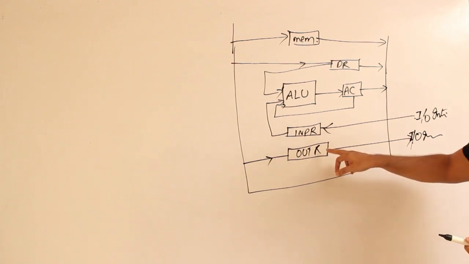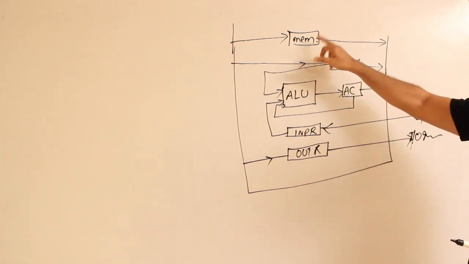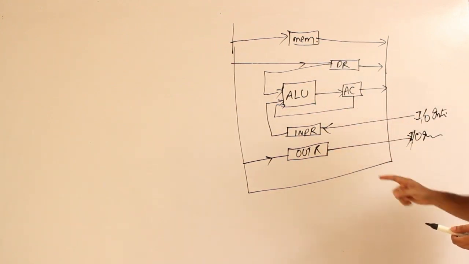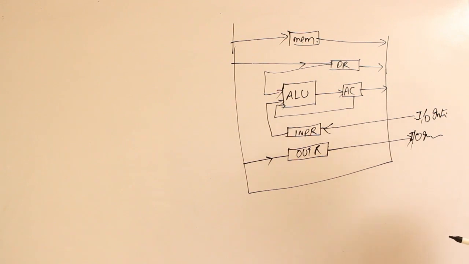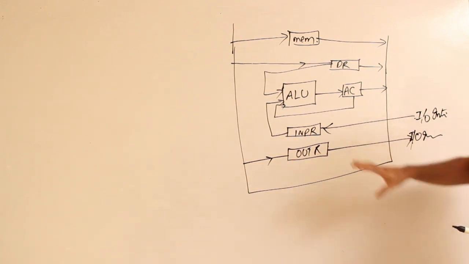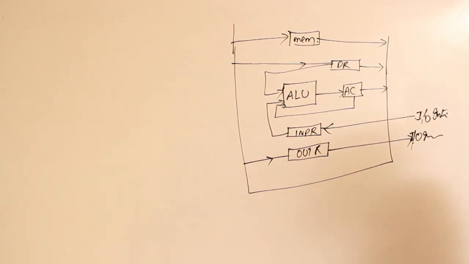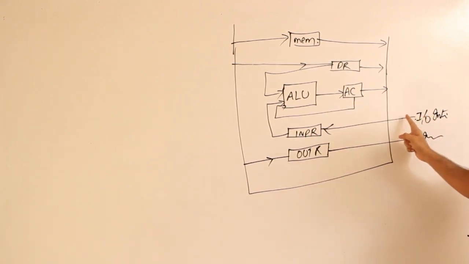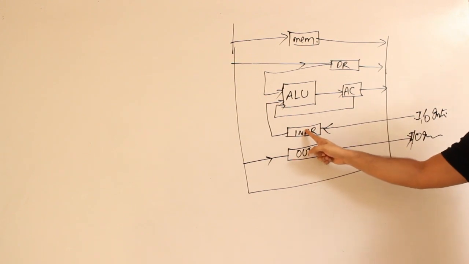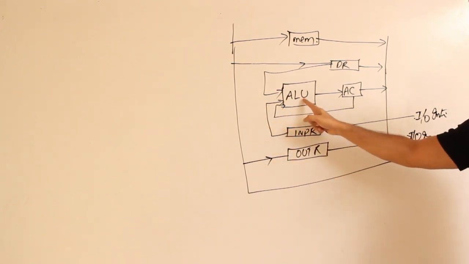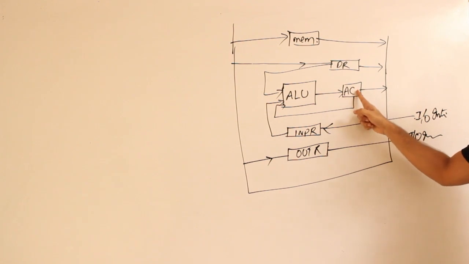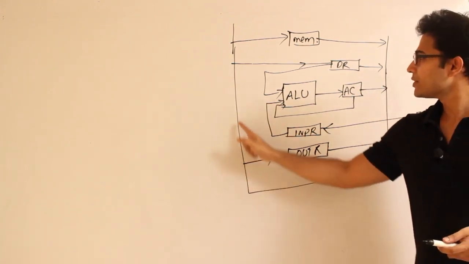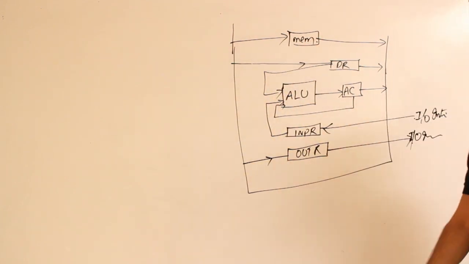So now if something has to come out from the memory, or if something has to go into the memory, if you look at it, always our ALU is involved, right? That is the way our computer is designed. Are you understanding this? From input it has to go into the input register, and from input register into the ALU, and from ALU into the accumulator, and from accumulator into the bus, and then from here into the memory, right?